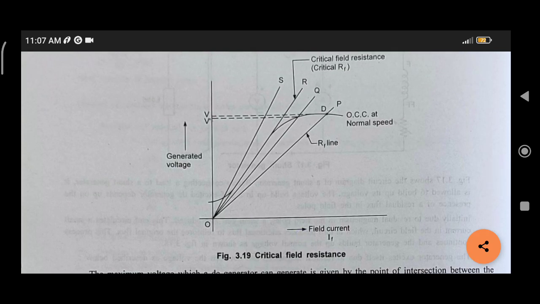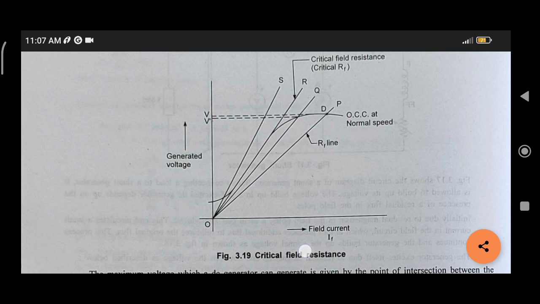This is the OCC, and these lines are all resistance lines. The line which intersects at the point D is the maximum, meaning beyond this line we cannot increase our resistance.